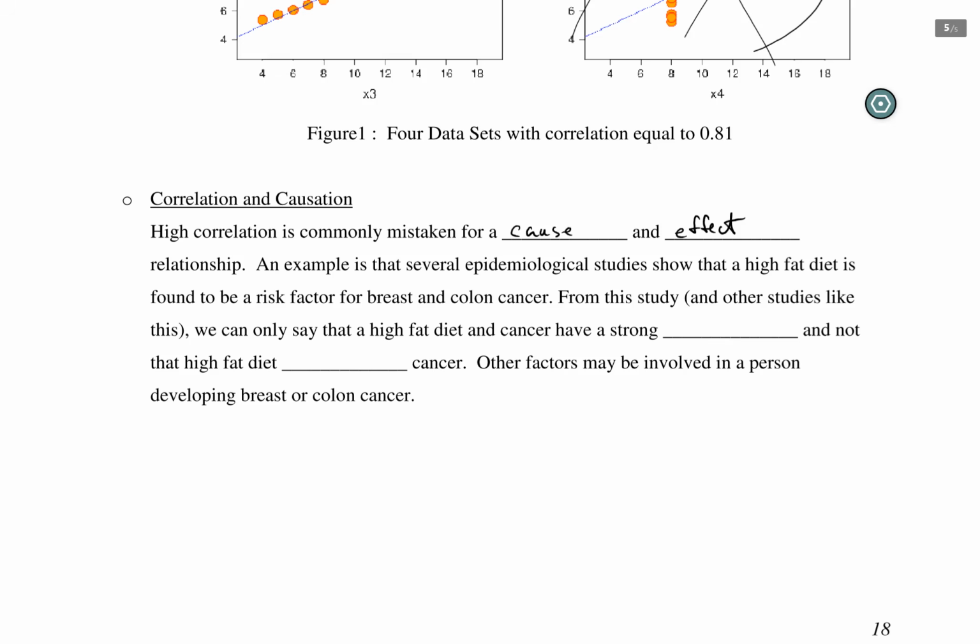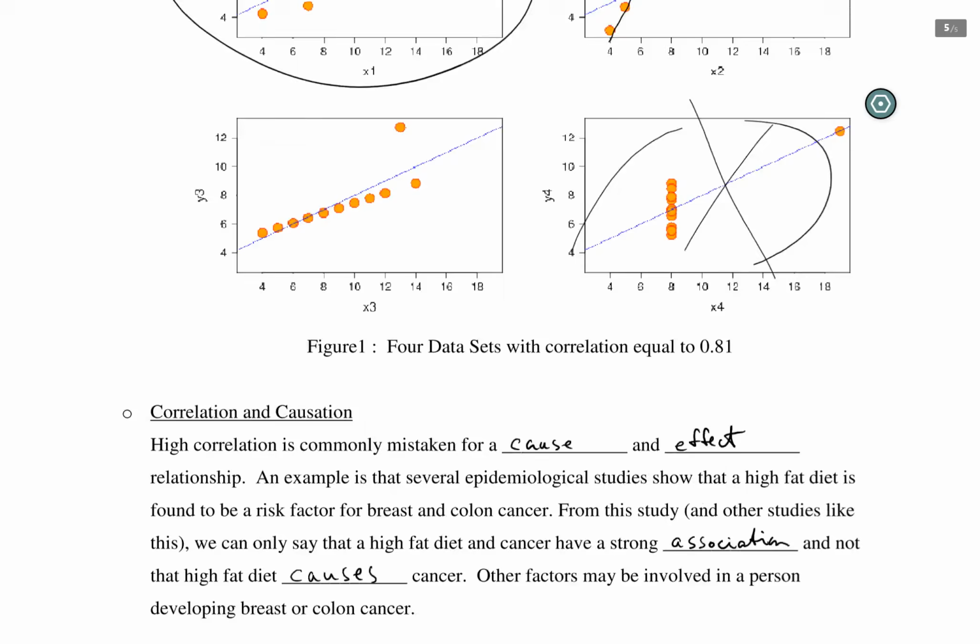Now, from a study like that, we can only say that a high-fat diet and cancer have a strong association, and not that a high-fat diet causes cancer. There are other factors involved in a person developing breast or colon cancer.